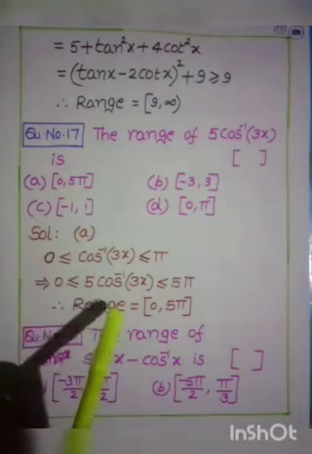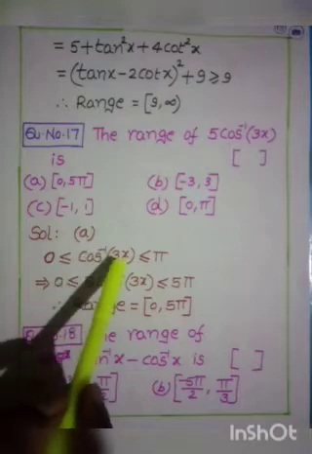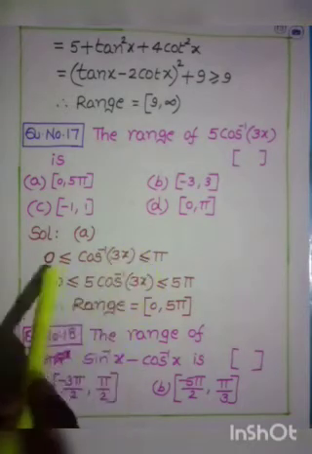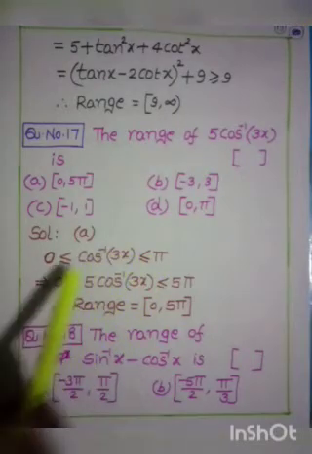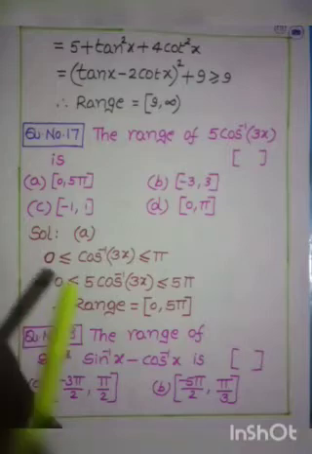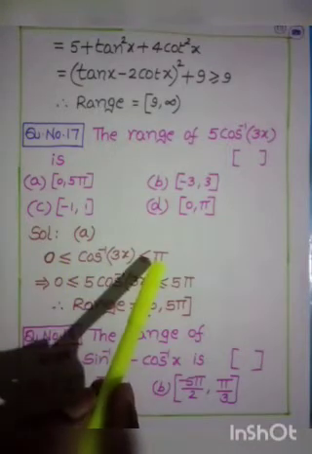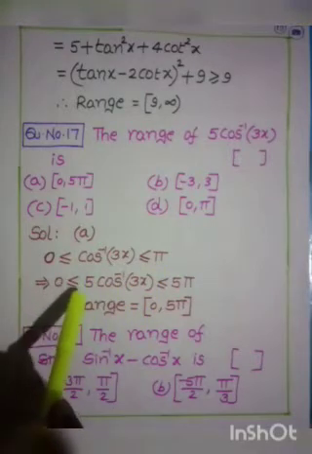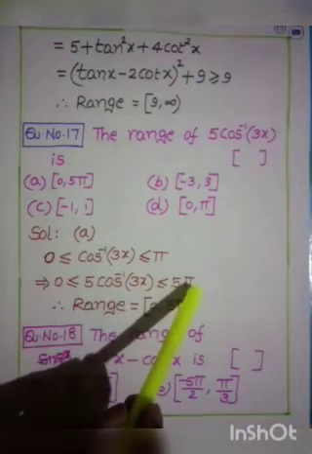Let us see the explanation. We know that 0 is less than or equal to cos inverse of 3x is less than or equal to pi. This is the range of cos inverse x. Okay, my dear children. Right. This implies by multiplying the entire inequation by 5, we get this step. 0 less than or equal to 5 cos inverse of 3x less than or equal to 5 pi.